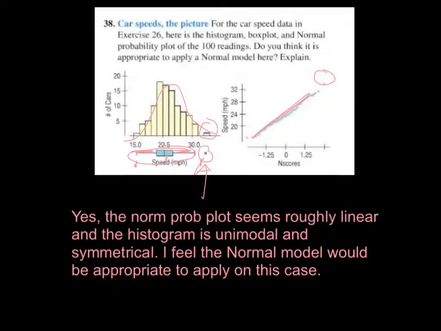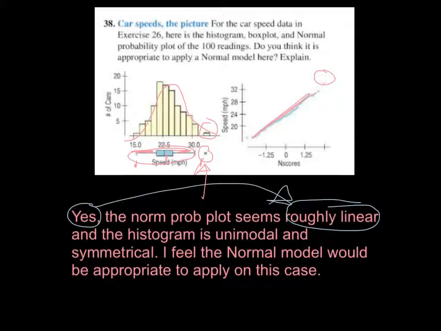This would be a good point to press pause and digest this and copy this into your notes. I would say, yes, the normal probability plot seems roughly linear. It's an important piece. The reason I'm saying yes is linked to the roughly linear. Otherwise, I would say no, it's not roughly linear, or no because there seems to be some sort of a curve.